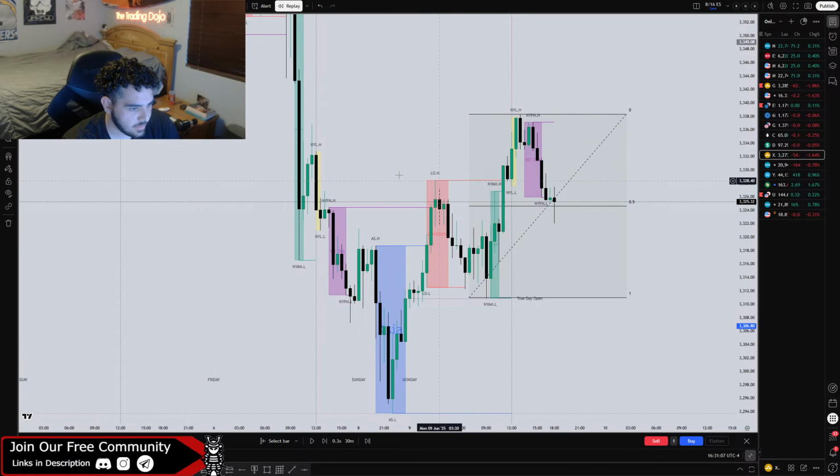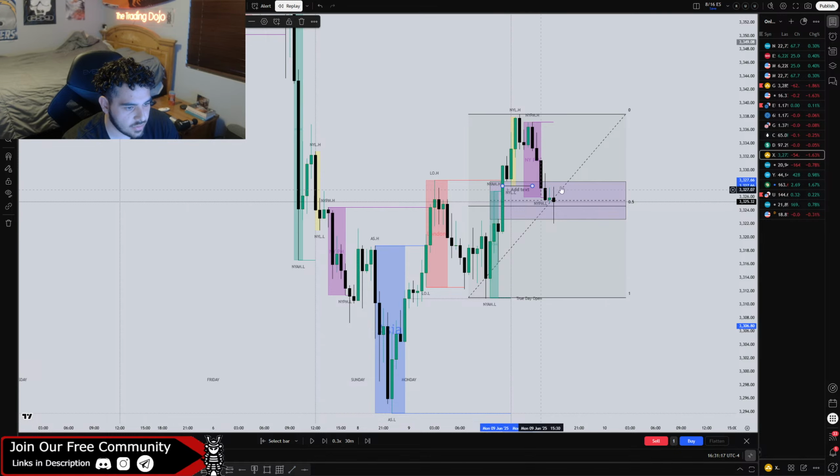Based on this fib, we have a 30-minute fair value gap, taking out both of these pools of liquidity. I like to use session liquidity, so I'm always looking at the time-based liquidity pools.